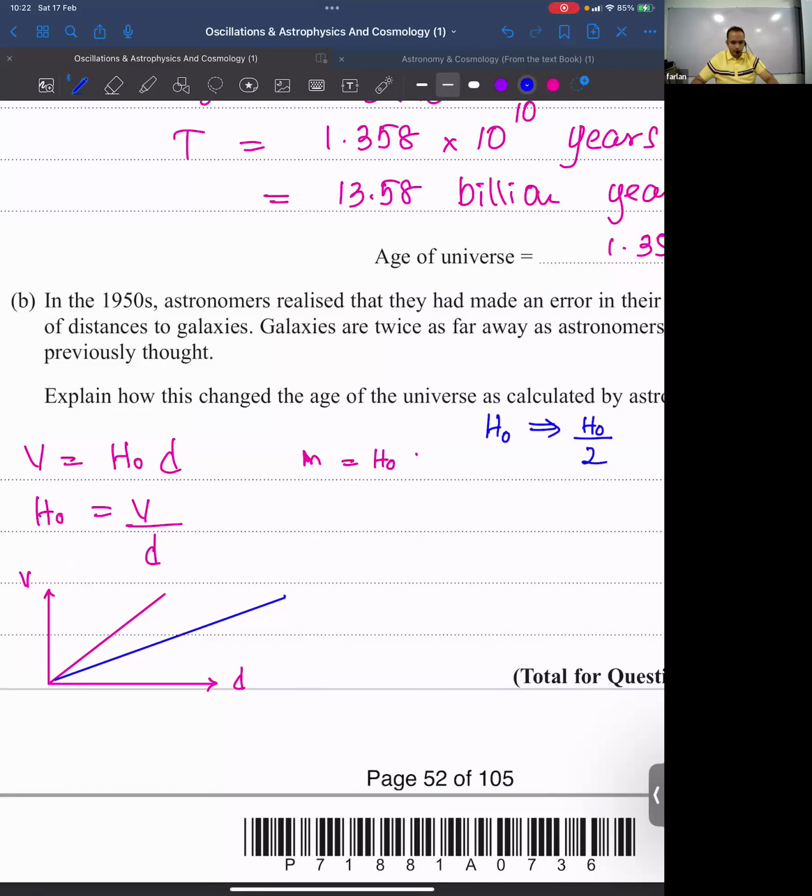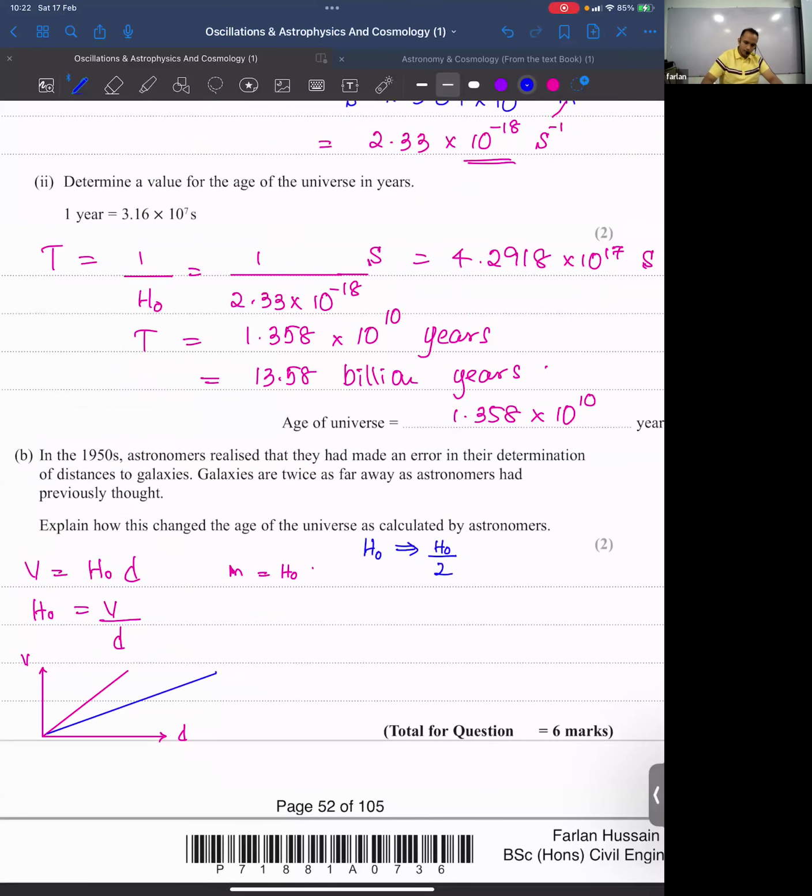Okay? So we take the age of the universe as 1 over H naught. So the H naught that they have assumed is double the actual value. Listen carefully. The actual H naught is half of the H naught they were thinking.